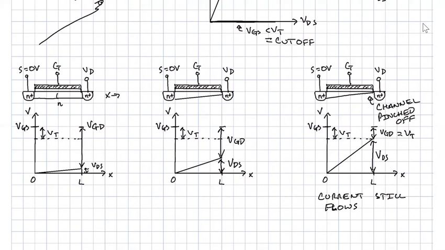So if we take those next steps, we've just described this graphically and hopefully somewhat straightforwardly. Let me just make sure what we're really doing here is VGD. So this is what happens inside the device.